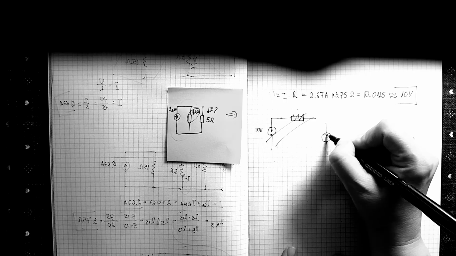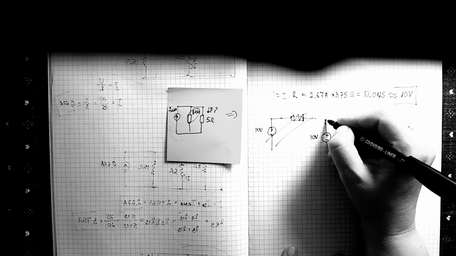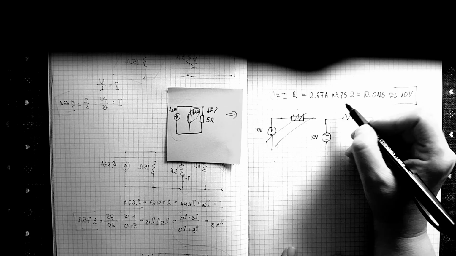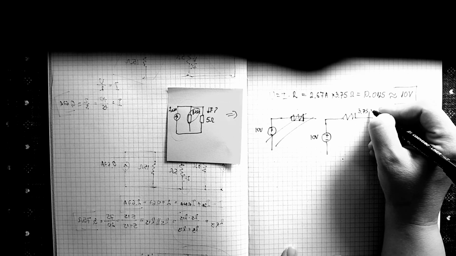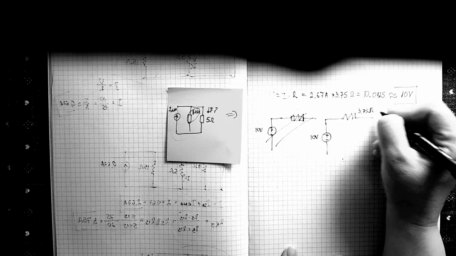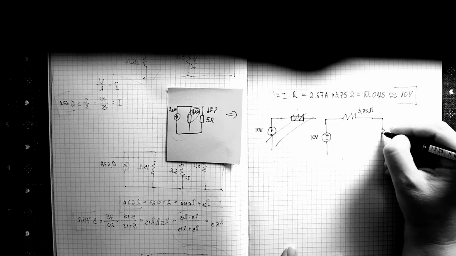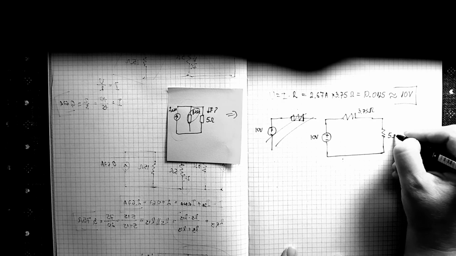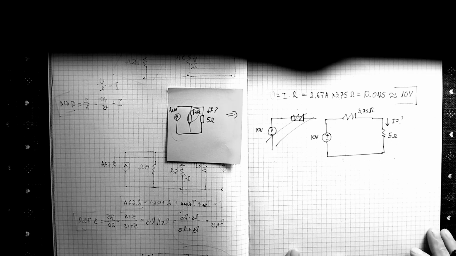So we said it's plus here, minus, it's 10 volts, and this one here will be, as we said, 3.75 ohms. And now this one also comes, we can't forget it, it's 5 ohms, and we are looking for the current in this branch.